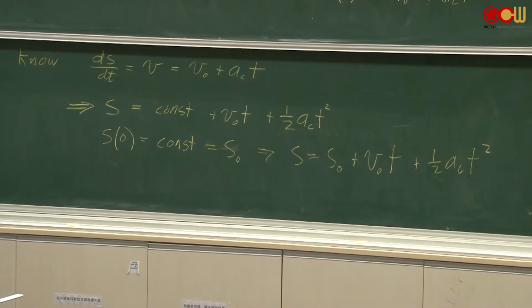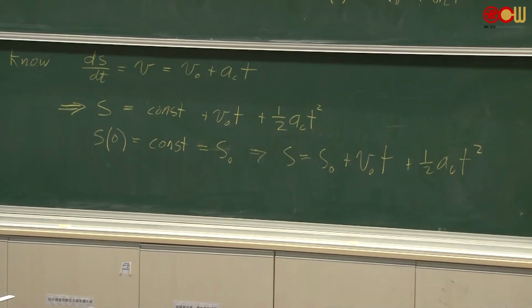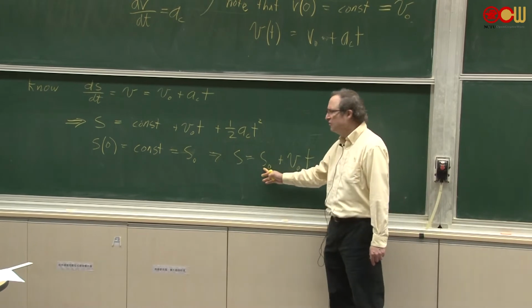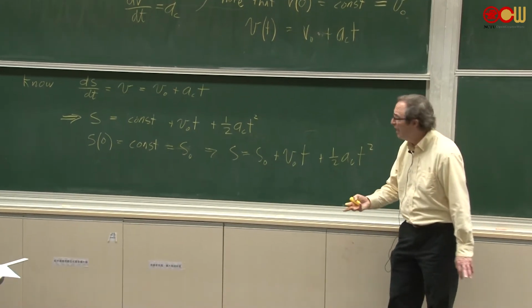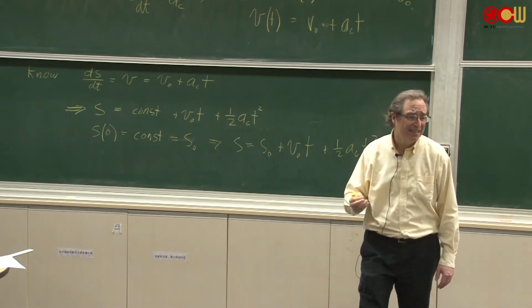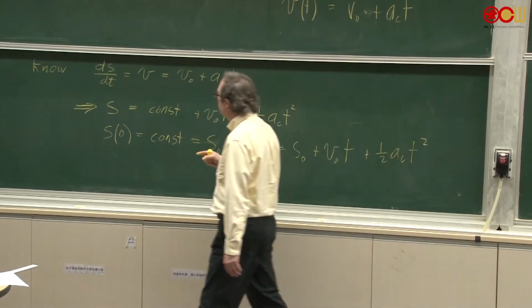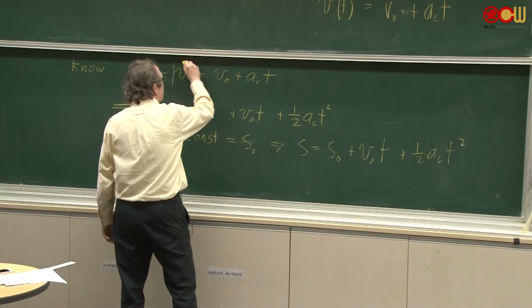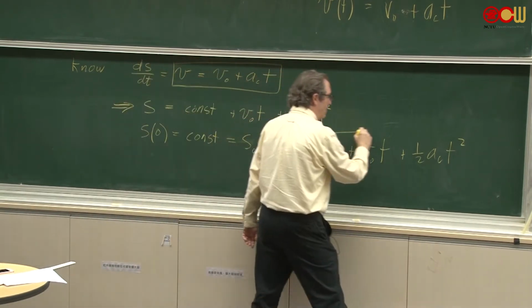So there are 3 different constants in this formula, but they really mean different things. S0 is the initial position, v0 is the initial velocity, and ac is the constant acceleration over that whole range. 2 equations. We have v. Let me bracket them. This is an important one that you should memorize. This one's another one.